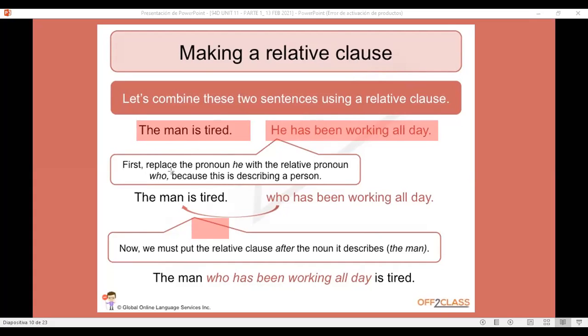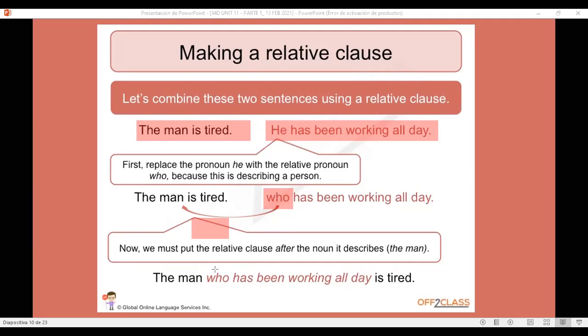Look at this. First, replace the pronoun he with a relative pronoun who, because this is describing a person. ¿Sí? Miren, para no estar hablando del hombre, ¿no es cierto? O utilizando he nuevamente, pues utilizamos aquí un relative pronoun. Para hablar de personas, en este caso, who. The man who has been working all day. Miren cómo agregamos una explicación adicional, ¿sí?